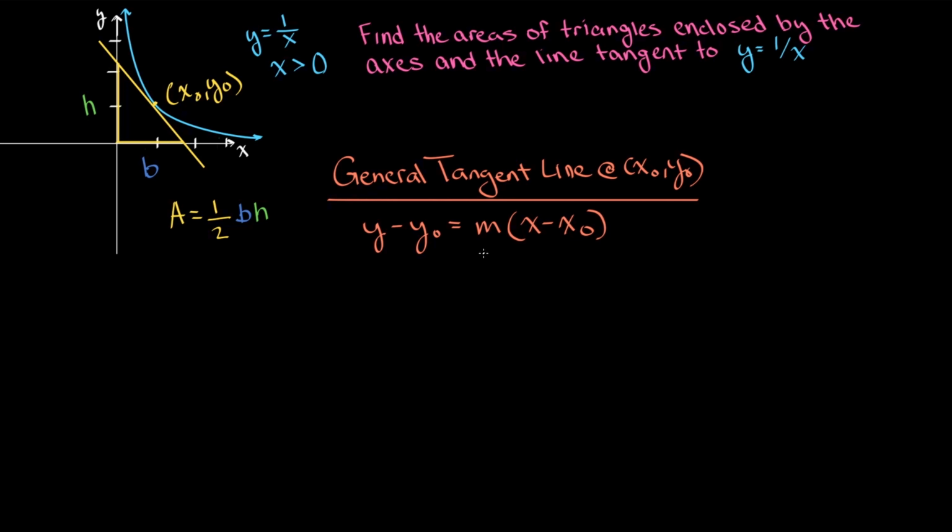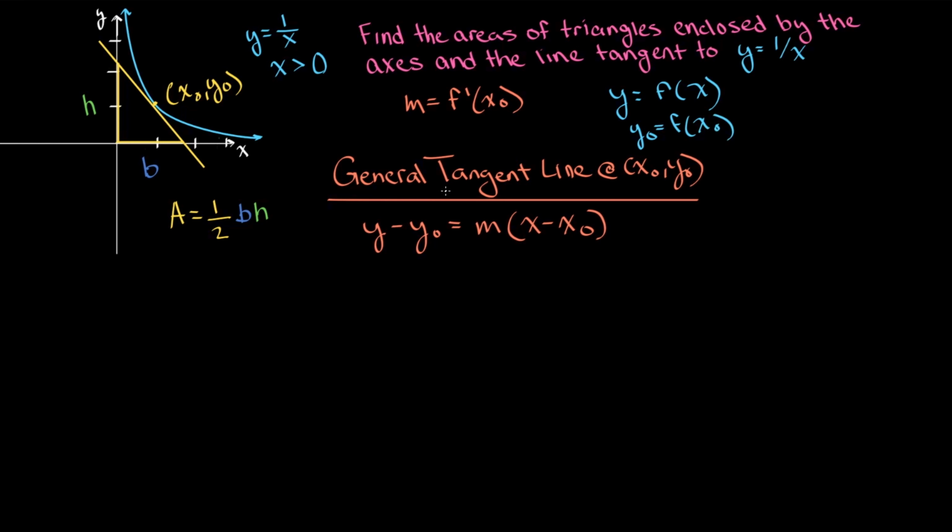And in order to start filling this in, I'm just going to quickly name some notation. We are going to let y be equal to f of x, and we already said that the slope is going to be f prime of x naught. And then lastly, we can say that y naught is equal to f of x naught.